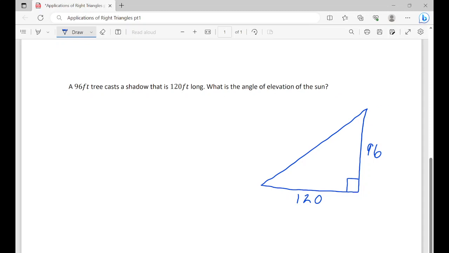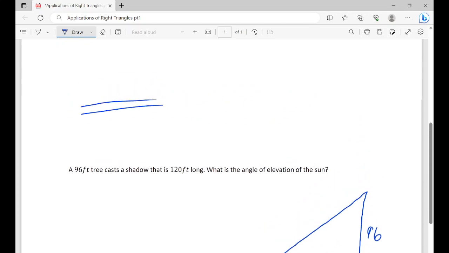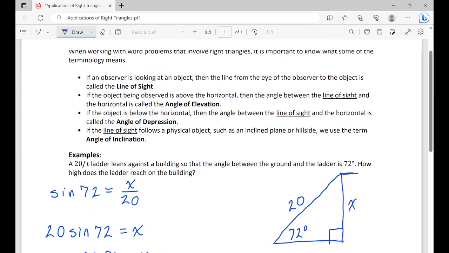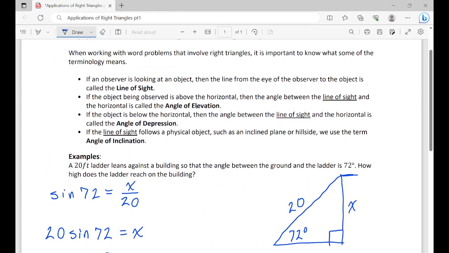I don't know what angle of elevation means, so we can go back up here. Angle of elevation: if the object being observed is above the horizontal, then the angle between the line of sight and the horizontal is called the angle of elevation. The line of sight is when an observer is looking at an object; the line from the eye of the observer to the object is called the line of sight.